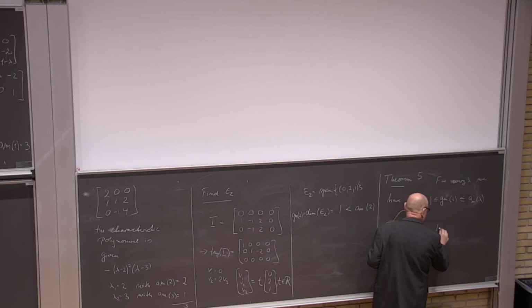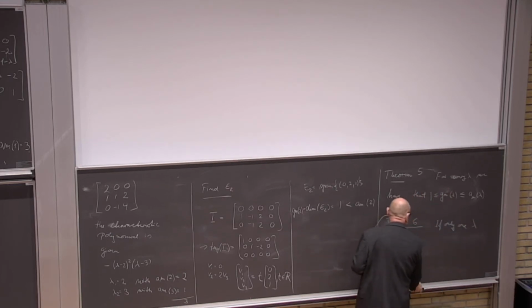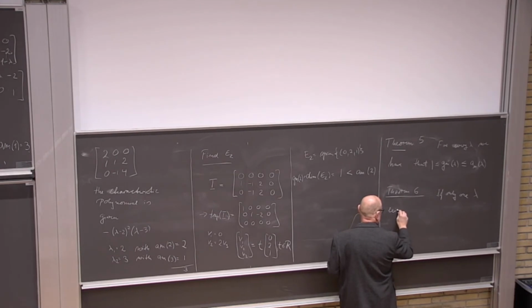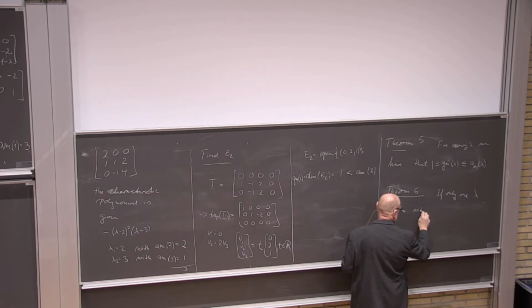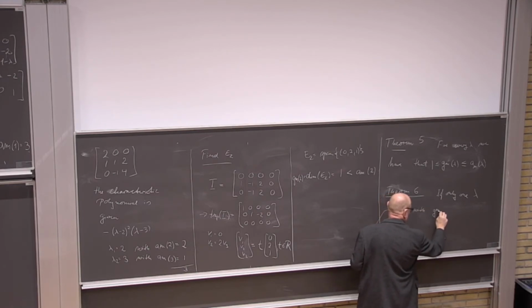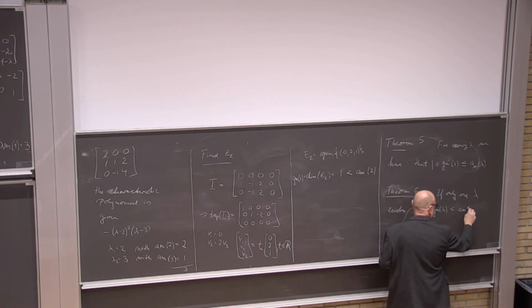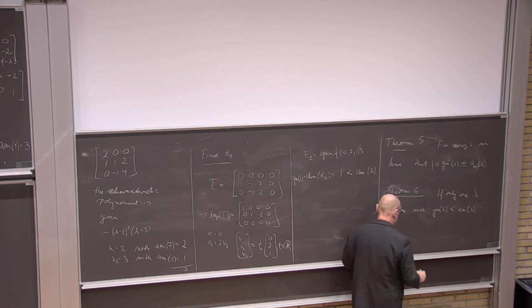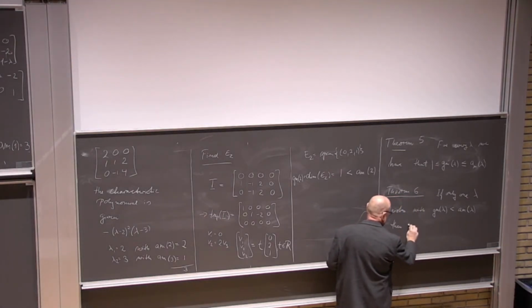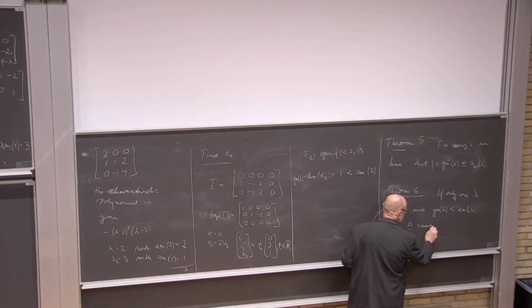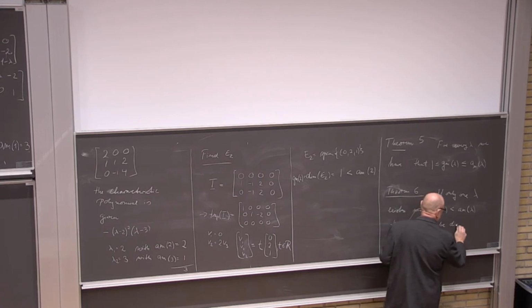It says that if only 1 lambda exists with a geometric multiplicity that is less than the algebraic multiplicity, then A cannot be diagonalized.